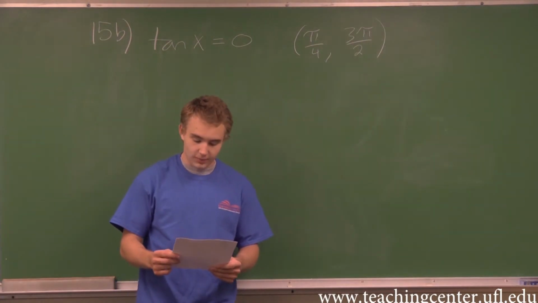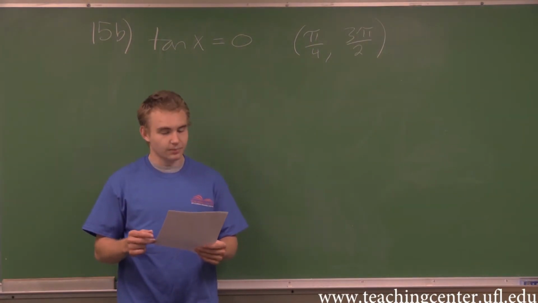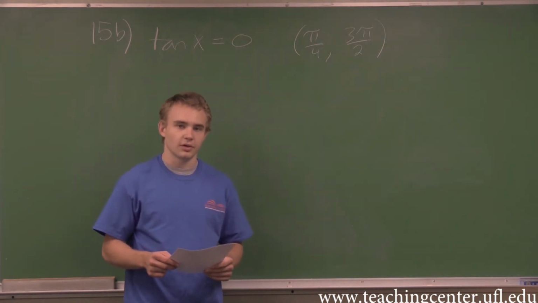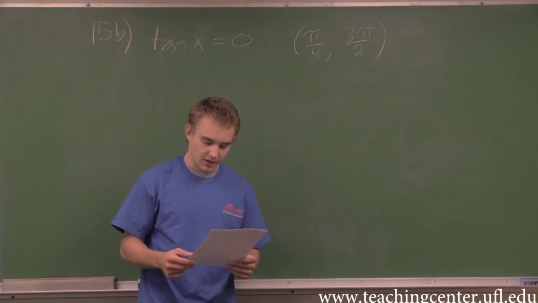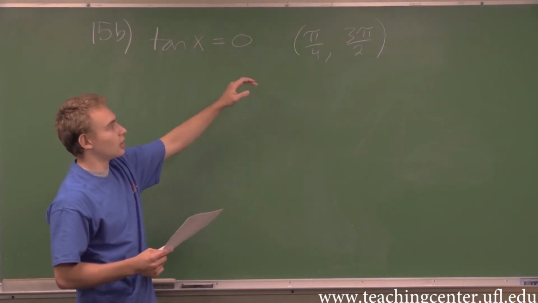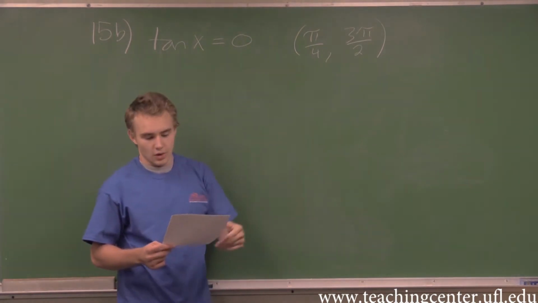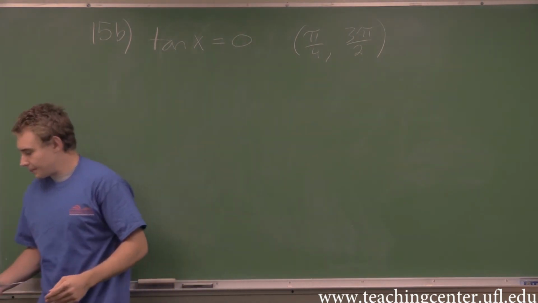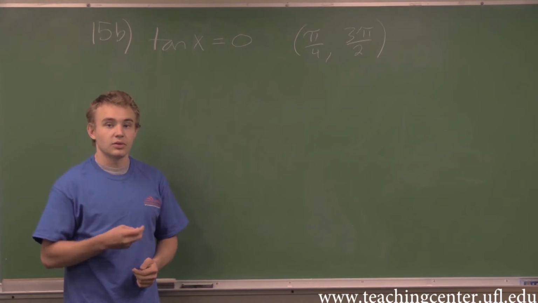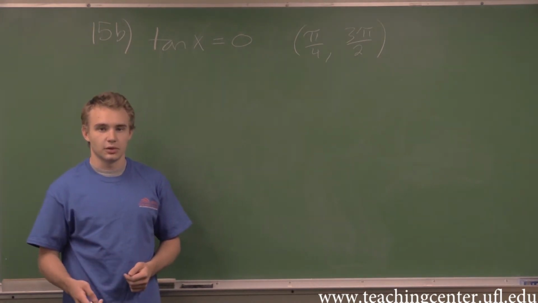All right, so now we are looking at part B of number 15. We're still using intermediate value theorem, and we're trying to determine if we know that there is an x value that will give us 0 on this interval. As I said in the last video, intermediate value theorem doesn't work if I have a discontinuity, right?